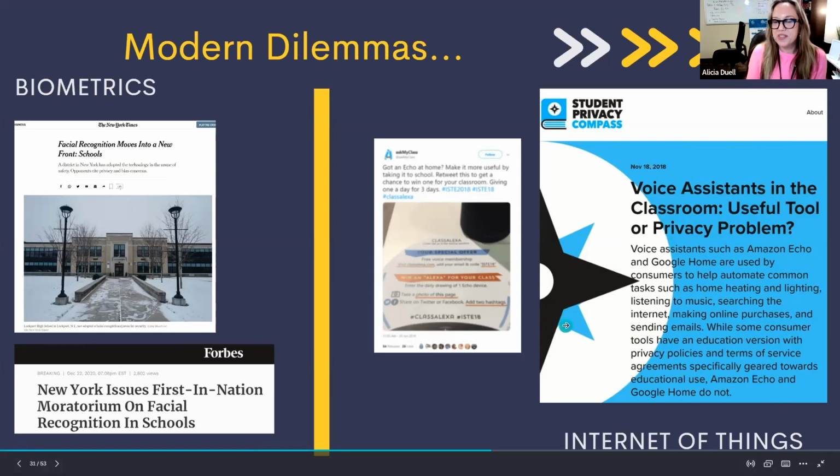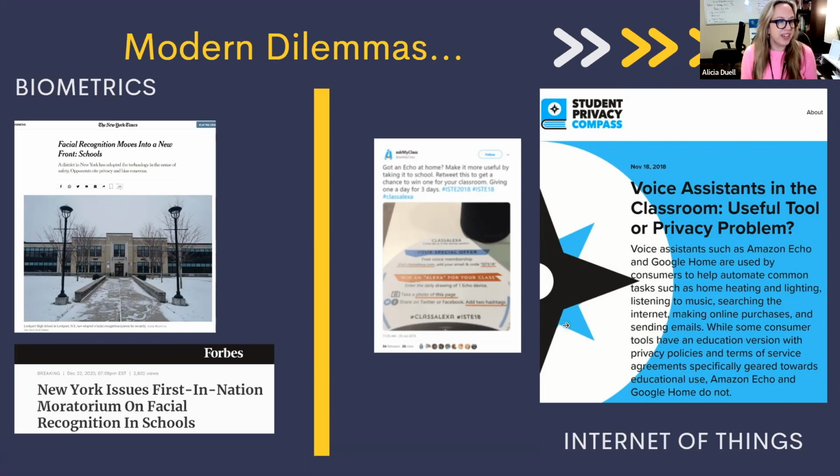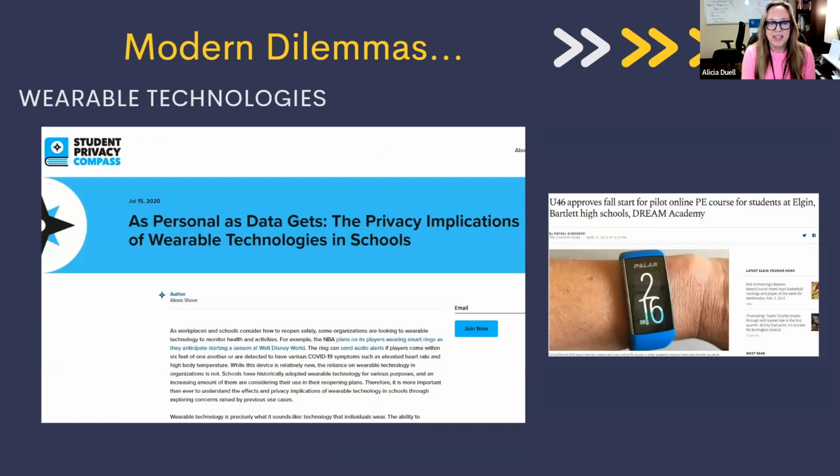All right, and then also voice assistants in the classroom, Alexas, Google Home. I know there's been talk about these being potentially great to use in the classroom, but there are also some privacy considerations. So here, useful tool or privacy problem? Wearable technologies, Fitbits, those heart rate monitors.